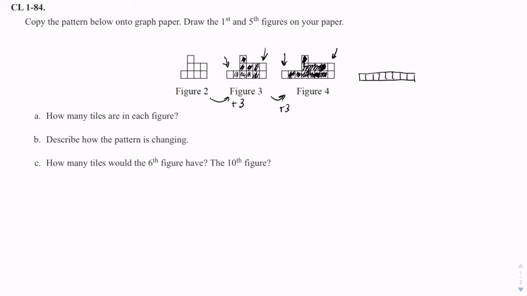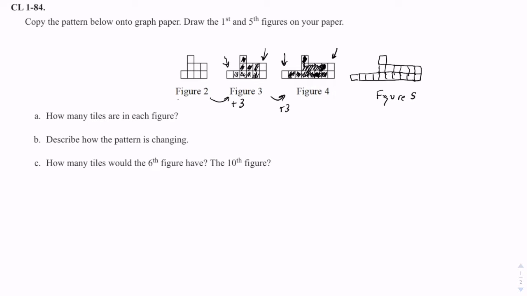Let's just draw figure 4 first. So I have 3, so this goes up here, and this goes to the end. And then I have this one. So there's figure 4 drawn. So now I have to add 1 here, and I have to add 2 here, right? So there's figure 5.